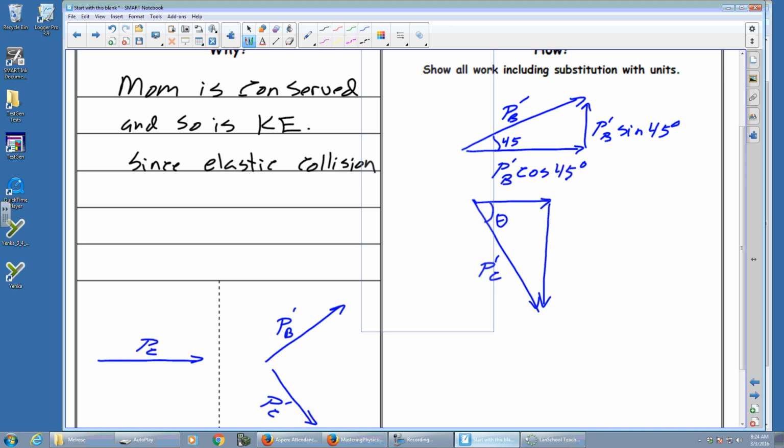This will be theta that I'm looking for, and I'm also looking for the speed of the cue ball. So this will be P prime C sine theta, and this side would be P prime C cosine theta.